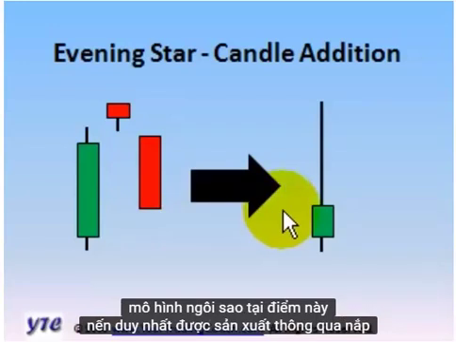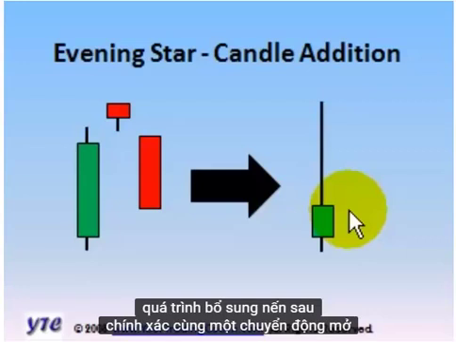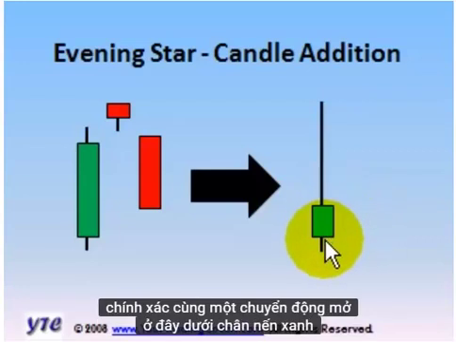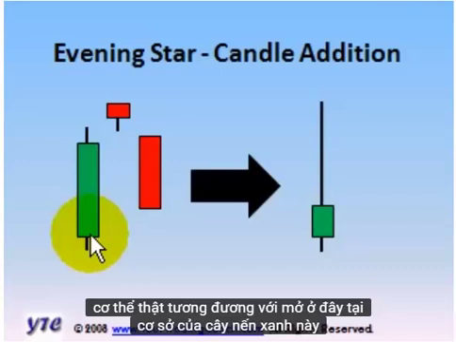The single candle produced through the process of candle addition follows exactly the same movement. The open is here at the base of the green candle real body, equivalent to the open here at the base of this green candle real body.